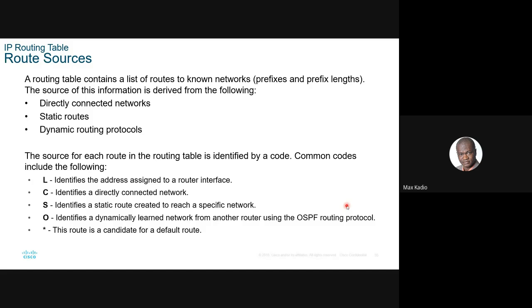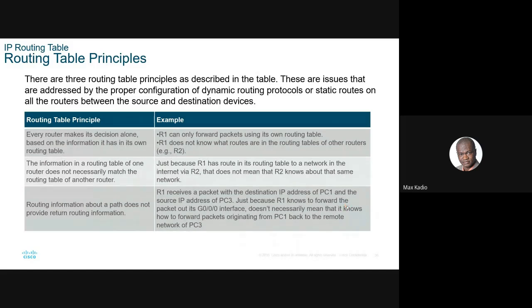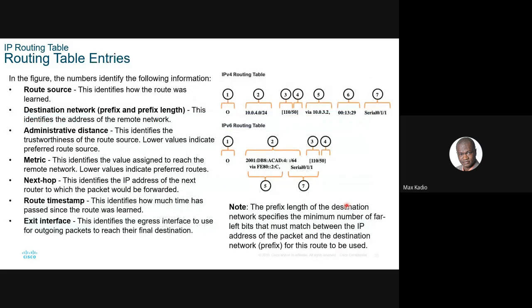Okay, so this is an example routing table. This is a network. O means it has been added via OSPF, a dynamic routing protocol. Here is the remote network that has been added in the routing table. Here we have what we call the administrative distance and the metric.